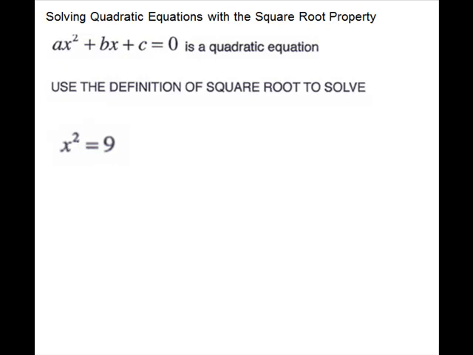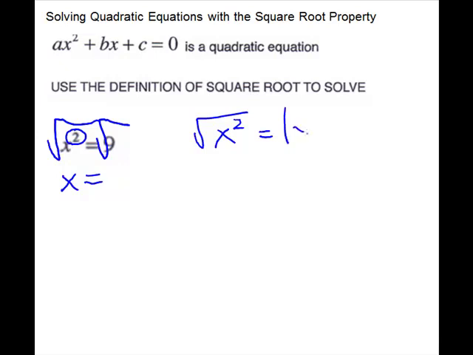So we'll take the square root and the square root. And it gives us x equals, we get two solutions over here because we had a variable, and if there are no restrictions, your definition says the square root of a variable squared is the absolute value of x.